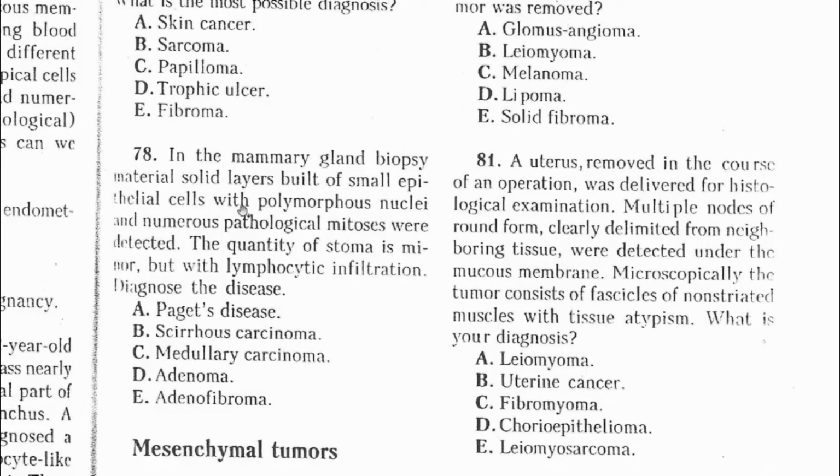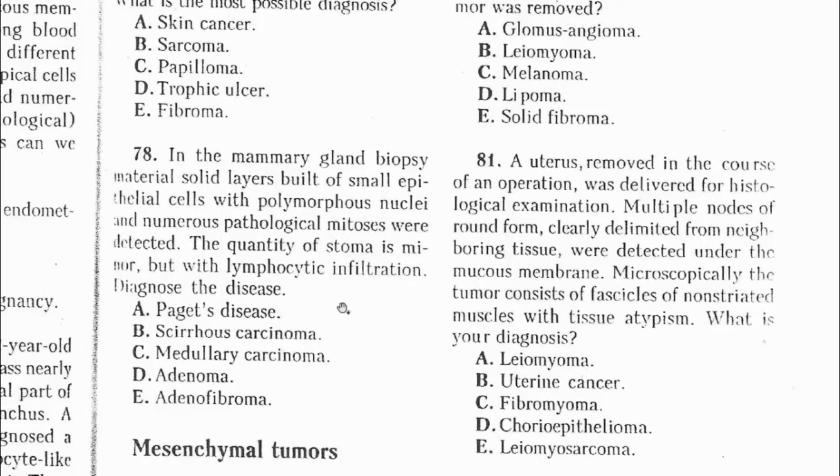78. In the mammary gland biopsy material, solid layers built of small epithelial cells with polypus nuclei and numerous pathological mitosis were detected. The quantity of stroma is minor, but with lymphocytic infiltration. Diagnose the disease.